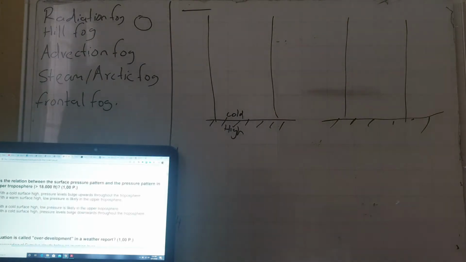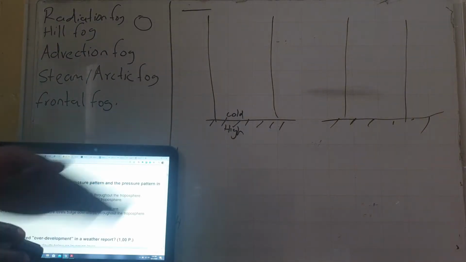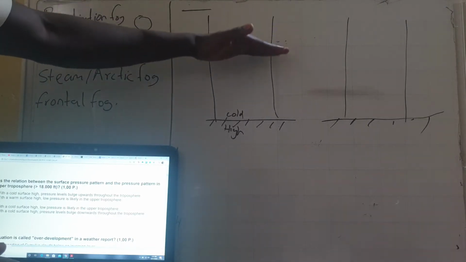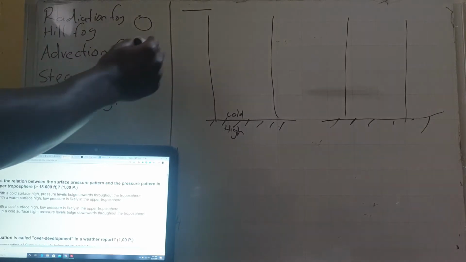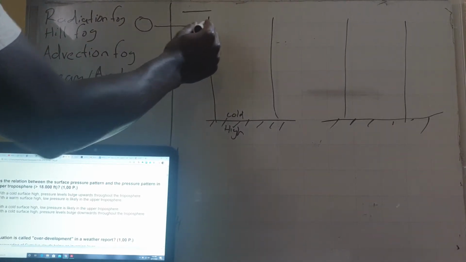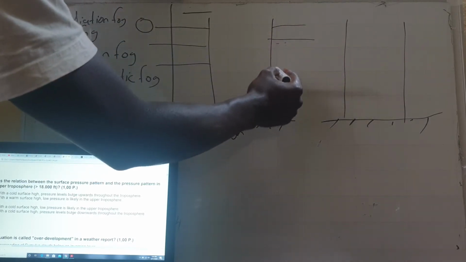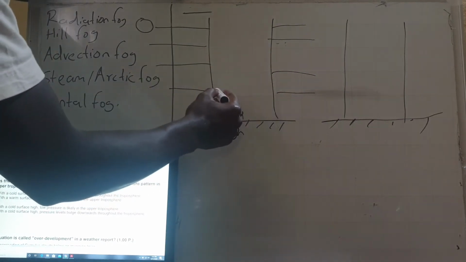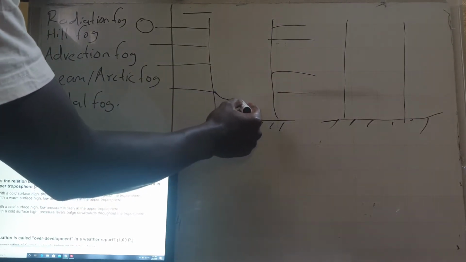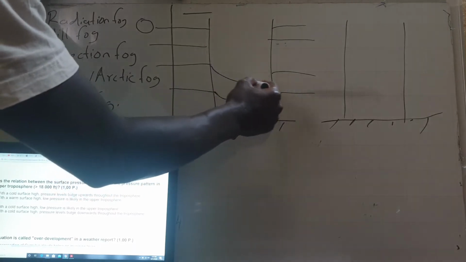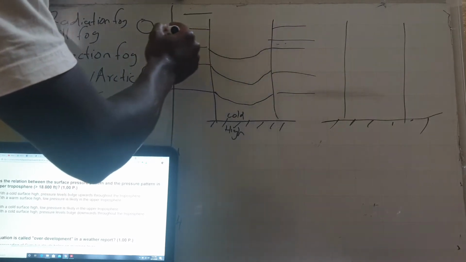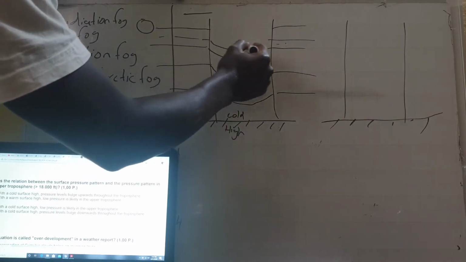Definitely, if it's a high pressure and it's cold, it will cause the isobars to condense. Initially you had isobars that look like this, ideally. But now, in this region, if they are cold, it will cause them to condense and bulge inwards.